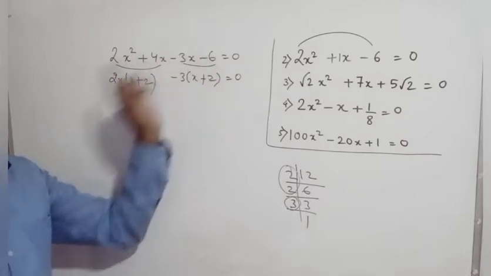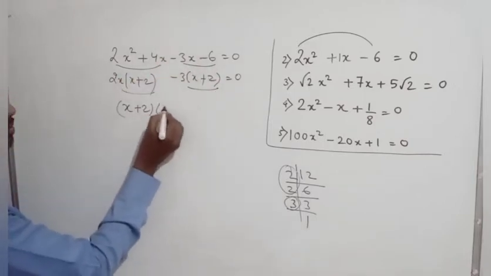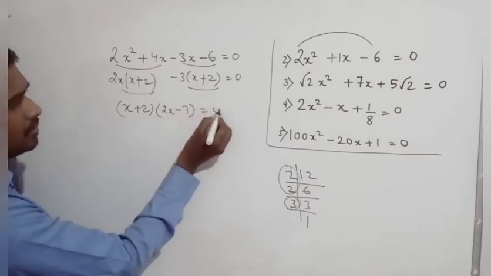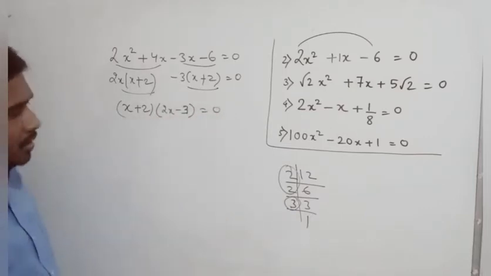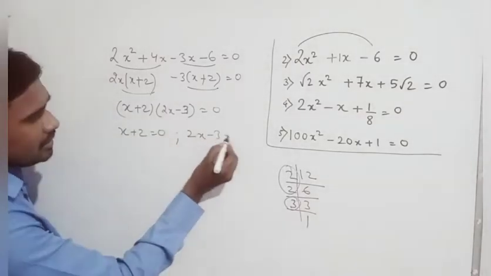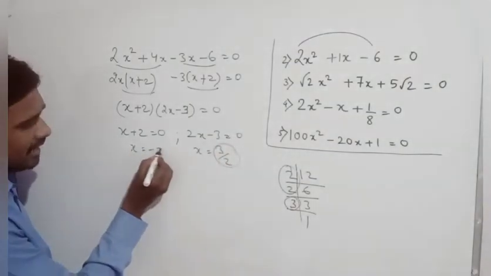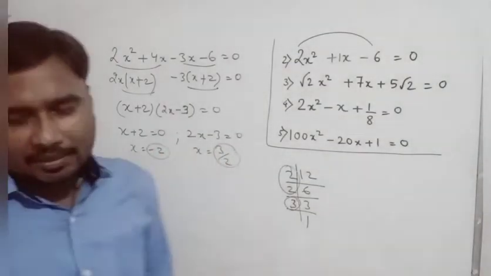You have taken minus common, okay. Now x plus 2 and x plus 2, again you take common. It will be 2x minus 3 is equal to 0. Now x plus 2 is 0 and 2x minus 3 is also 0. So x is 3 by 2 and x is minus 2. These are the two values of x.